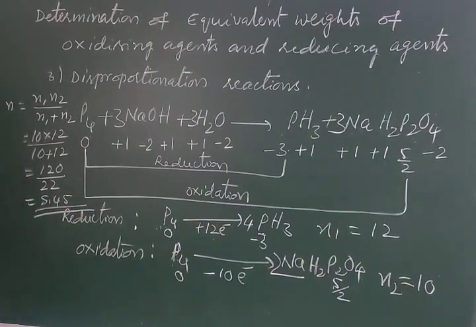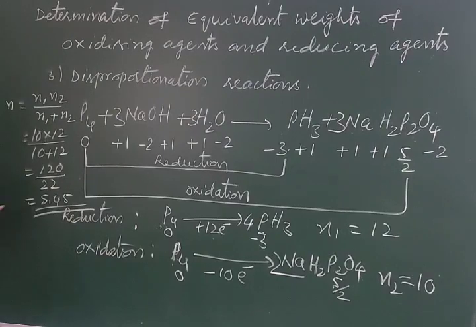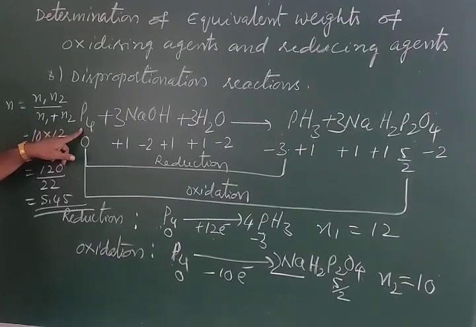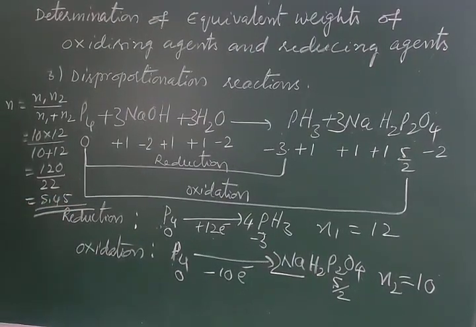This is the N factor. If the N factor is 5.45, equivalent weight is equal to molecular weight by N factor, that is, the molecular weight of phosphorus is 4 into 31, that is 124 by 5.45.